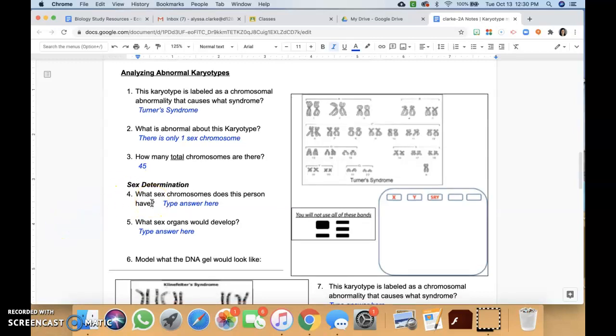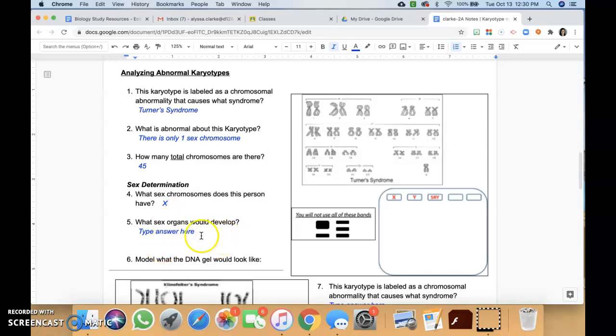So what is this person's sex chromosome? They have an X, and that is it. If you want to know how it's written normally, it's XO, but we'll just leave it as a single X. What sex organs would you expect to develop?